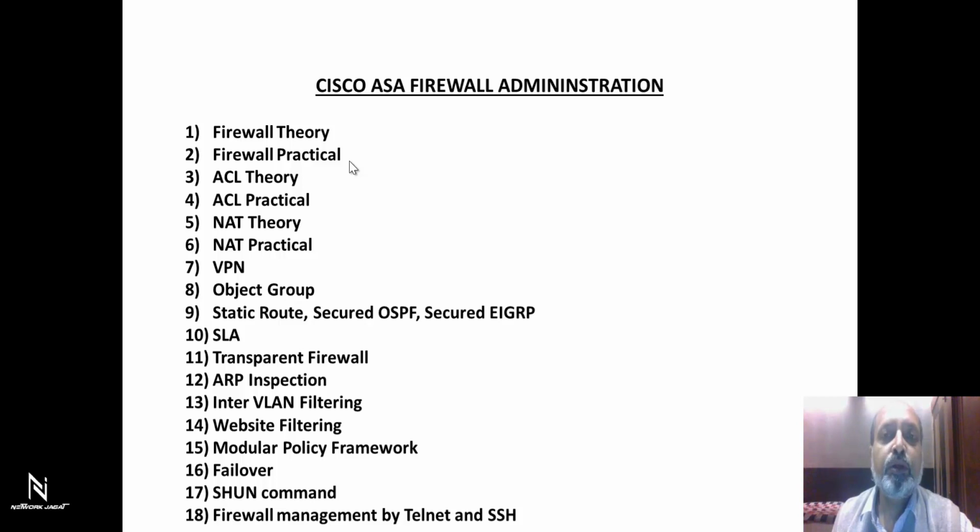NAT you people know, which is network address translation, that is translating private IP addresses into public IP addresses and vice versa. So we need to learn those features for the firewall when we are putting the firewall as the gateway or the perimeter security firewall, right?